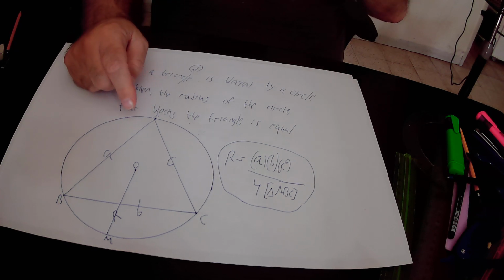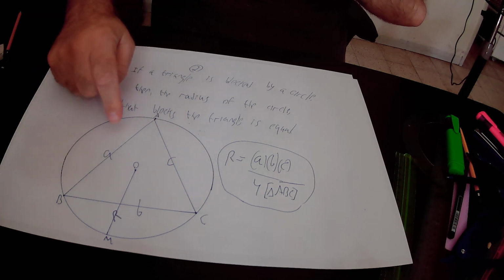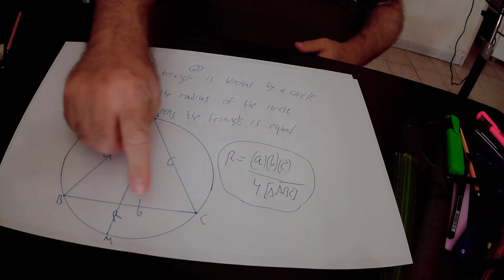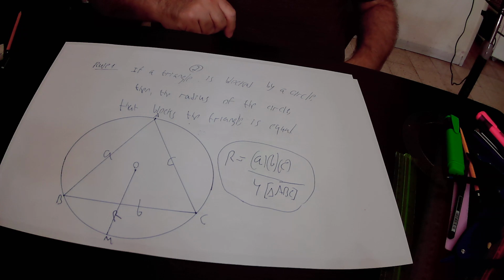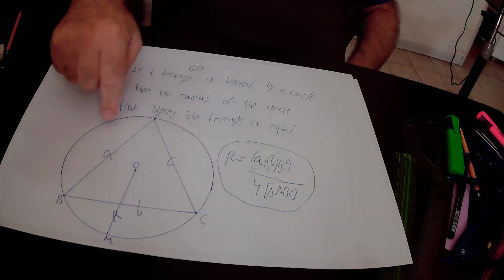What is the meaning of blocked? It means that all 3 vertices of triangle ABC touch the circle. You can see here that the triangle ABC is blocked by this circle.